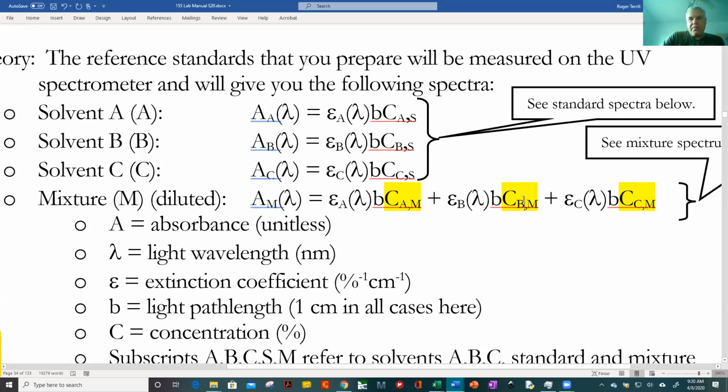So now, what can we do to get to the concentration of, say, component B here? Spoiler alert, there is no wavelength where epsilon of A is 0 and epsilon of B is non-zero.